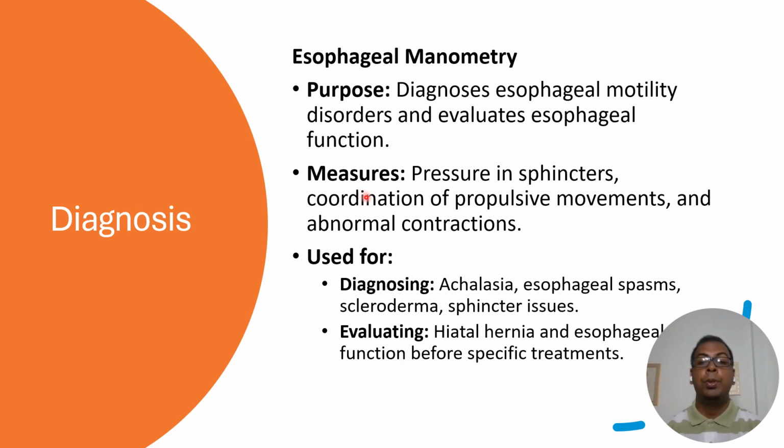So it measures pressures in sphincters and coordination of propulsive movements in the esophagus, and abnormal contractions if they're present, and is used for diagnosing our condition achalasia, also useful in esophageal spasms, scleroderma, and sphincter issues. It's also used in evaluating hiatal hernia and esophageal function before specific treatments.